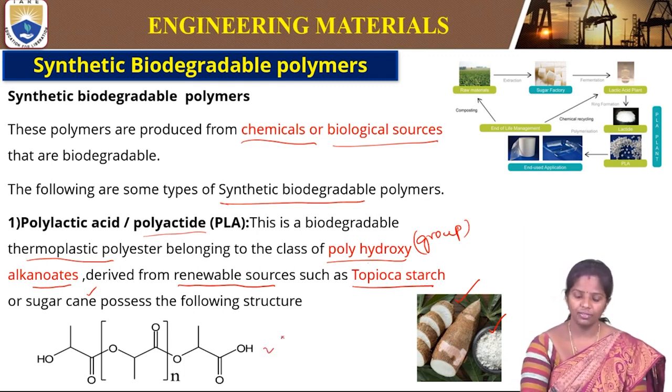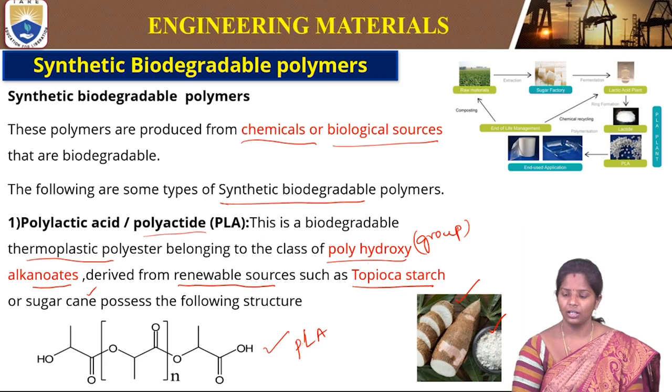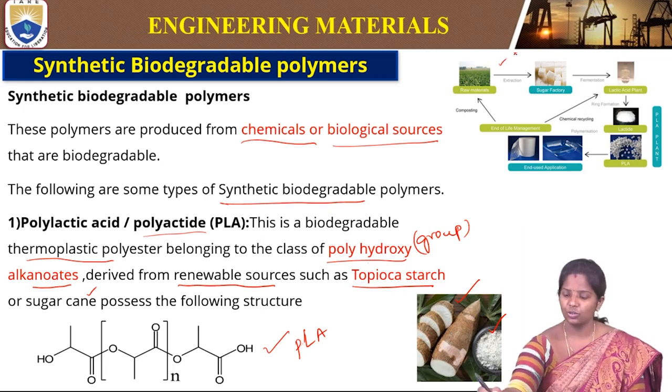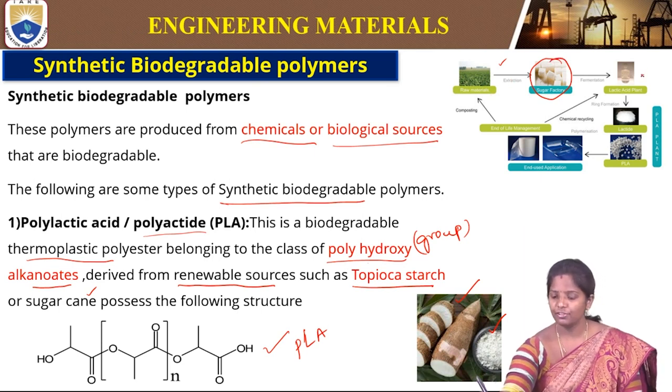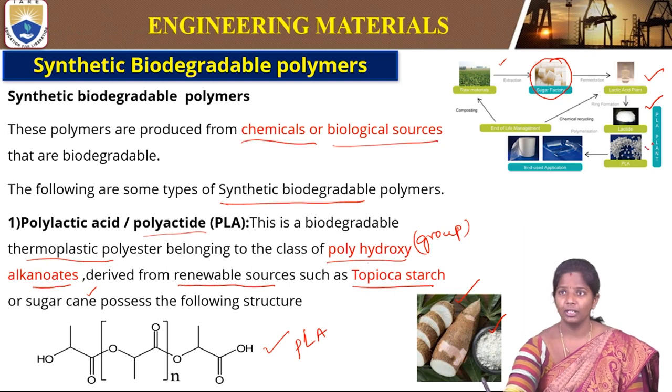So it has the structure of PLA, polylactic acid. For example, here we can see the sugar cane obtained from the crop. Then after processing, lactic acid, or lactate, is obtained, and on polymerization it gives polylactic acid.